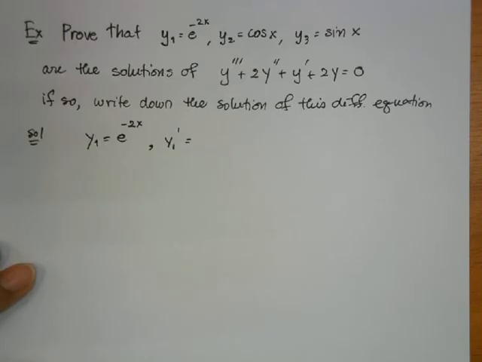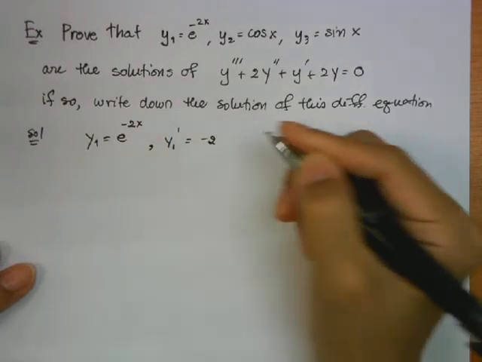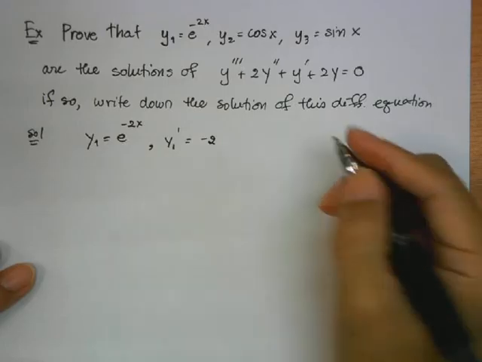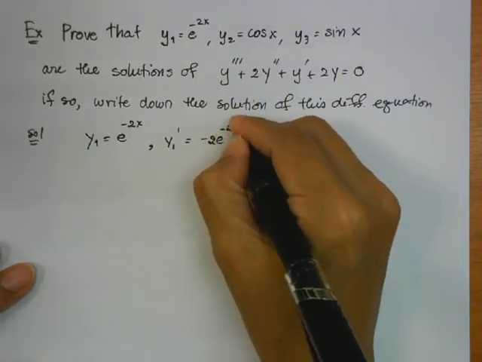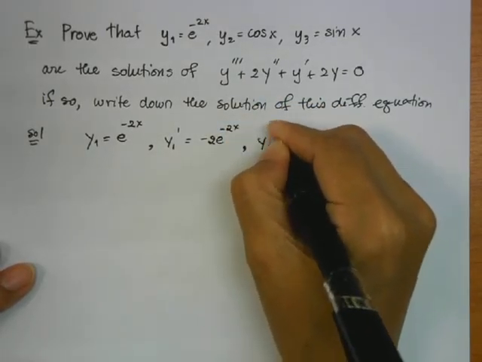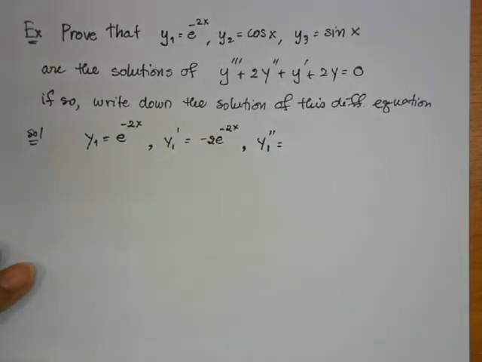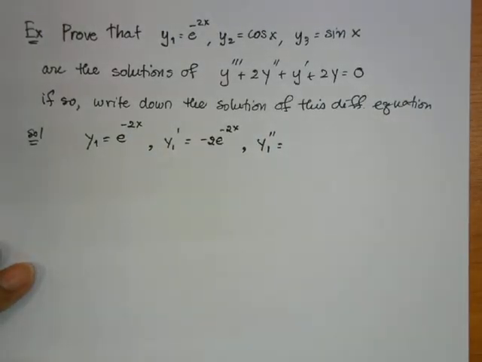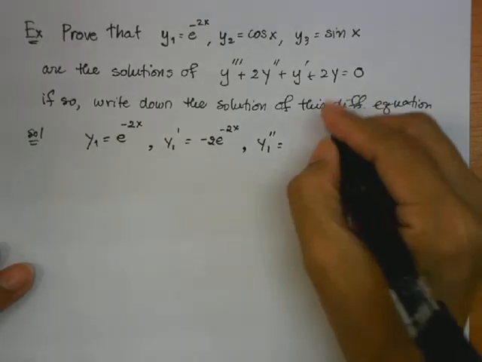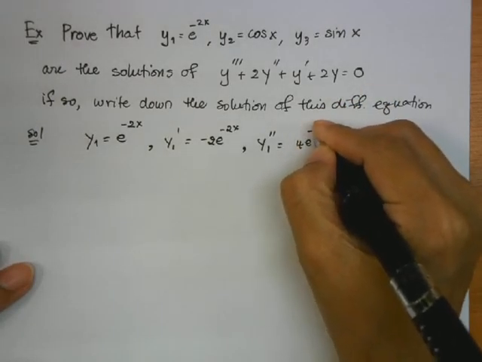What is the derivative of exponential of minus 2x? Minus 2 times exponential of minus 2x. What about the second derivative of y1? Plus 4 times exponential of minus 2x.